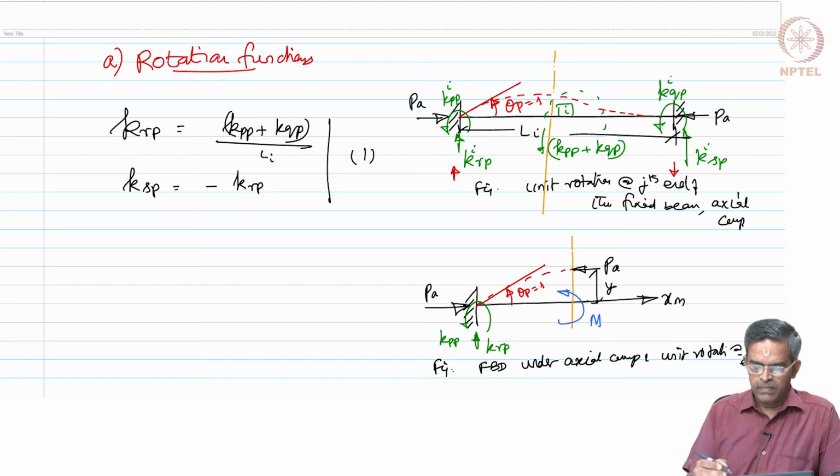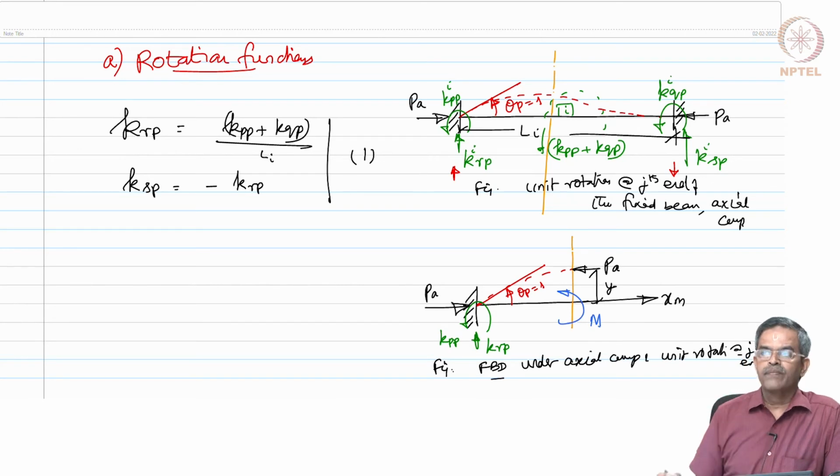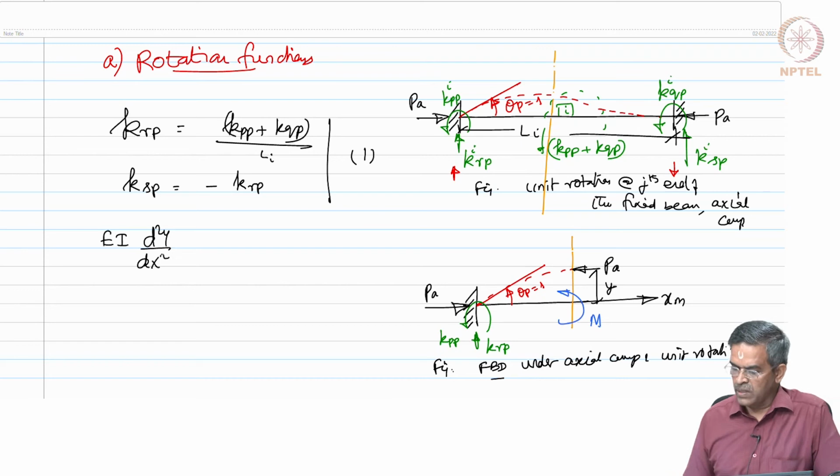So, now I say with reference to this free body diagram, I can say EI into d square y by dx square is m.